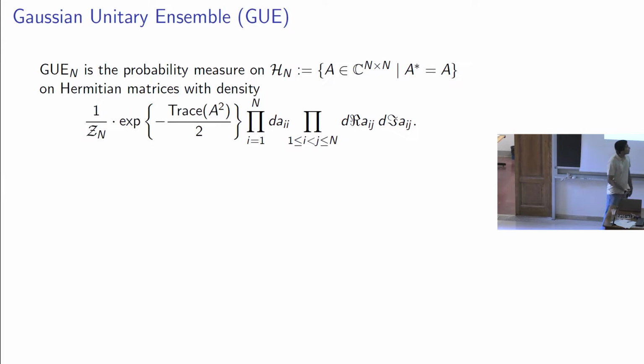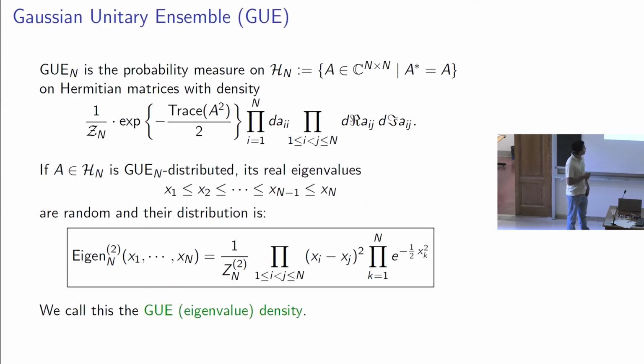So I have a random n by n complex Hermitian matrix. Because it's Hermitian, in particular, it has real eigenvalues. The real eigenvalues will be x1, x2, up to xn. If you do the calculations, you find that this is the eigenvalue density. The n eigenvalues are random, and the probability density in R^n that arises is given as follows.